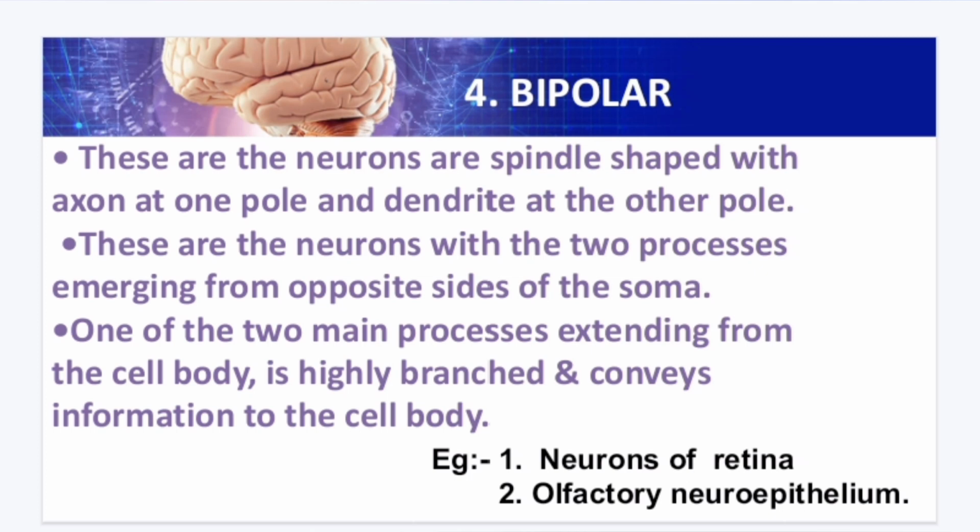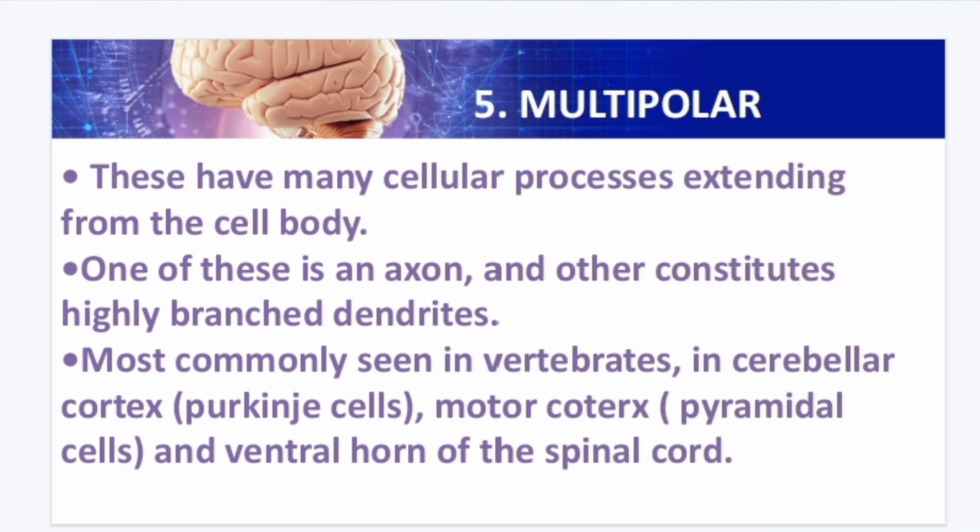Dendrites are the processes that are highly branched and can conduct the signals from the outside to the cell body. In case of axons, they will transmit this information to other cells. Example, neurons of the retina and olfactory neuroepithelium are all made of these bipolar neurons.